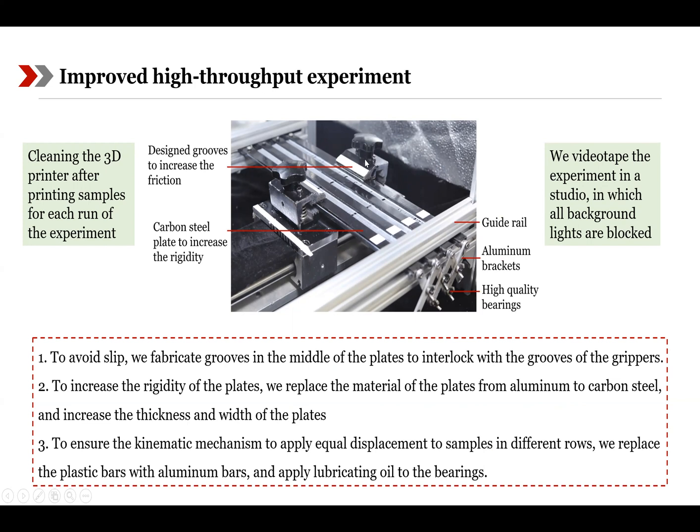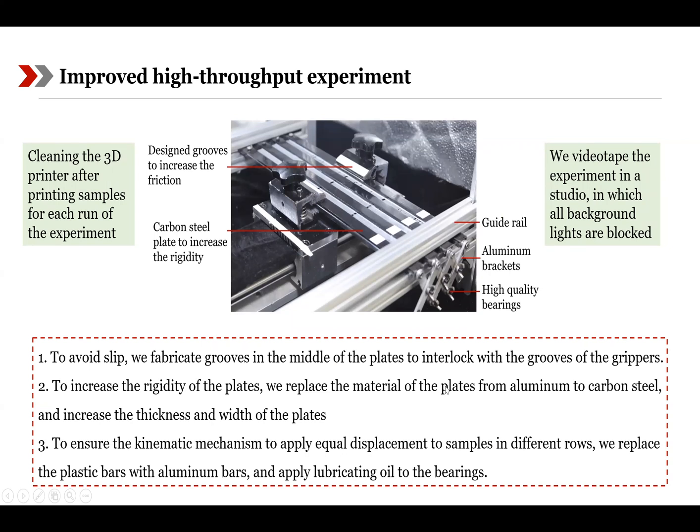To increase the rigidity of the plates, we replaced the material of the plates from aluminum to carbon steel and increased the thickness and the width of the plates. To ensure the clamping mechanism applies equal displacement to samples in different rows, we replaced the plastic bars with aluminum bars and applied lubricating oil to the bearings.